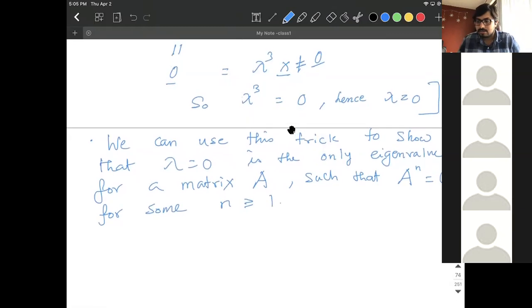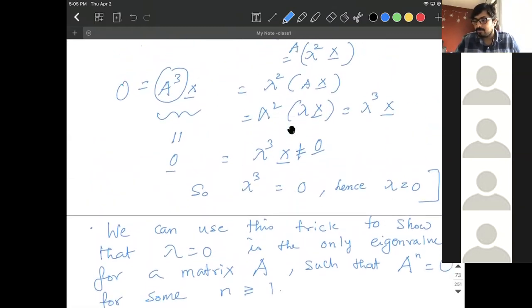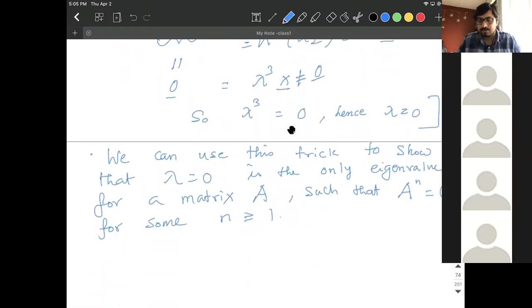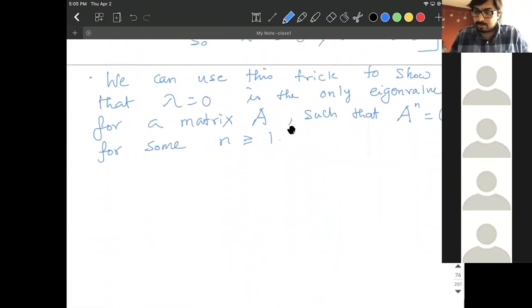So we can use the same trick. So instead of lambda cube, here you will have lambda to the n equals 0 and hence lambda equals 0. But the process remains the same.